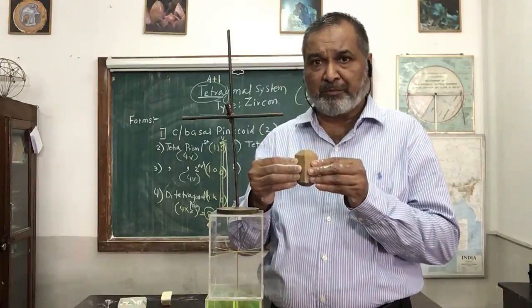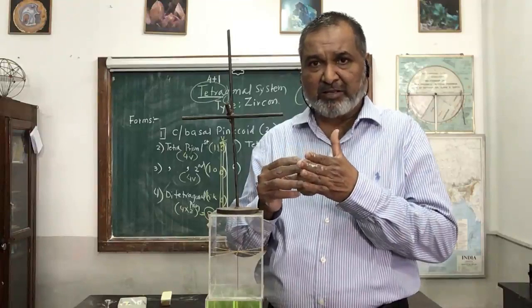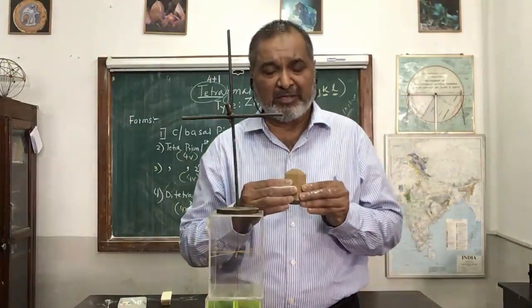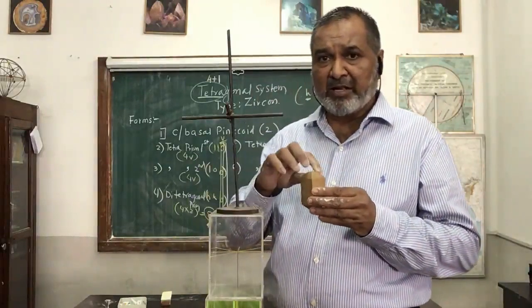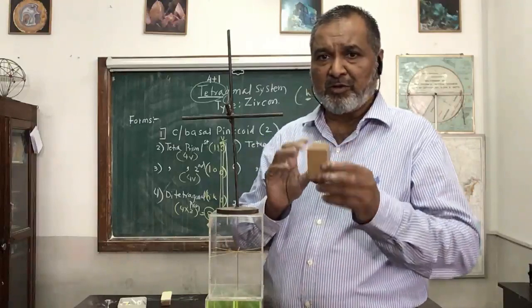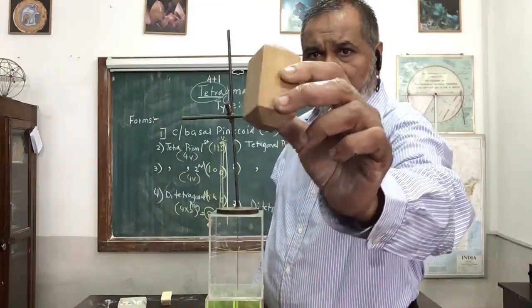Four vertical face prism. If you extend, it cuts your A1 axis as well as A2 axis, and remains parallel to C. So 1, 1, 0. So the prism is there. On the prism, a pyramid is there, four inclined on the top, four inclined on the bottom.